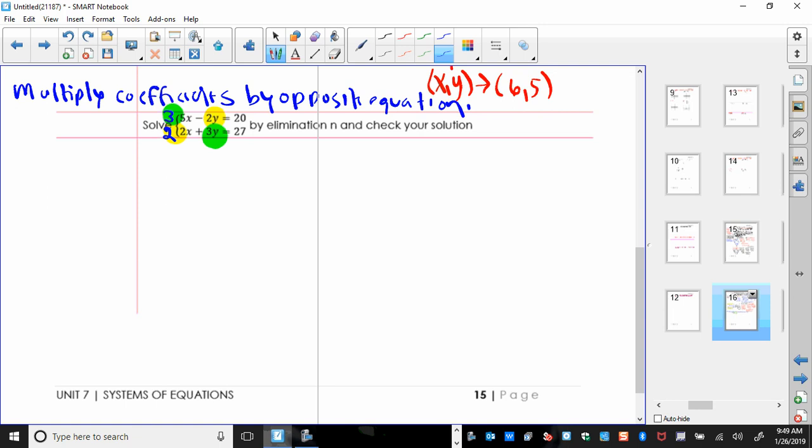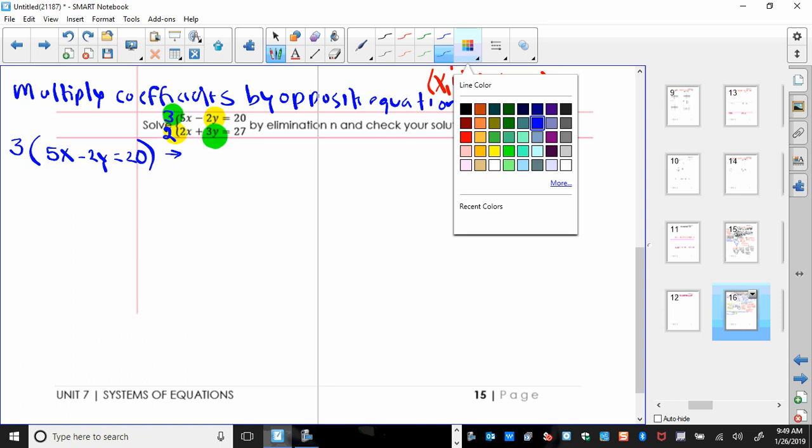So how do I do that? Well, what did I make that look like? Well, let's write our equations. We have 5x minus 2y equals 20, and we're distributing 3 to each term inside. And we're going to do that over here. We draw a little arrow to indicate the transition that we're making, right?